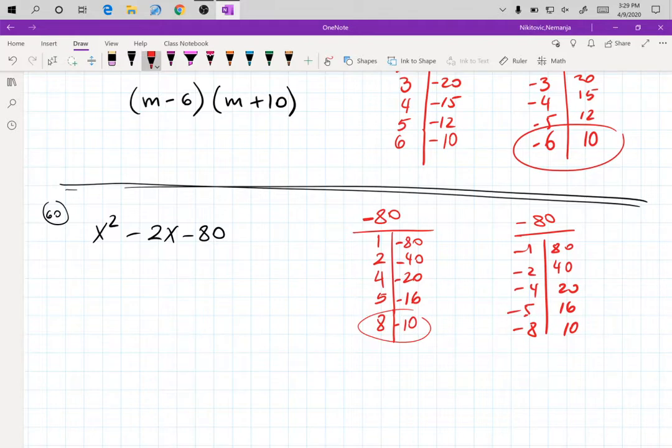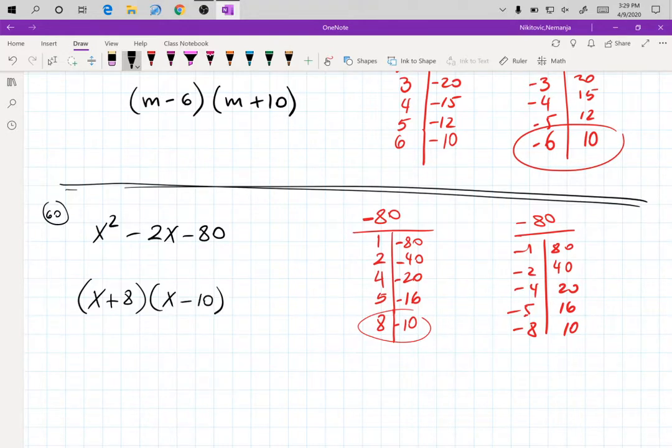So your job is to factor C completely, and then use B, because two factors of C have to add into the value of B. The B value is negative 2, so 8 minus 10 is negative 2, and we're done. It's x plus 8, x minus 10.